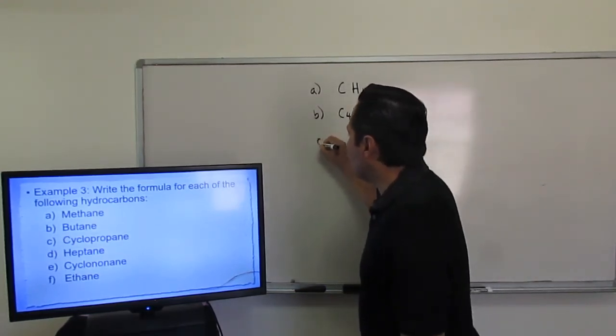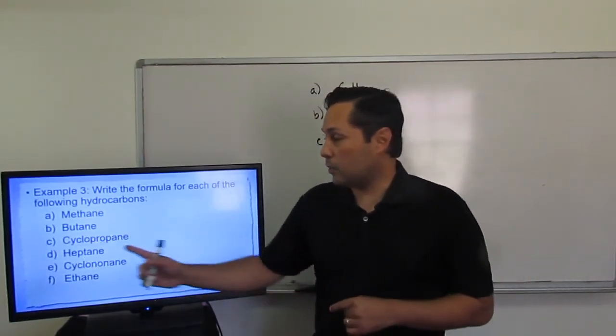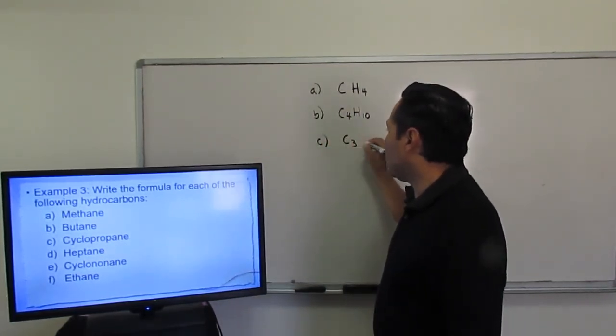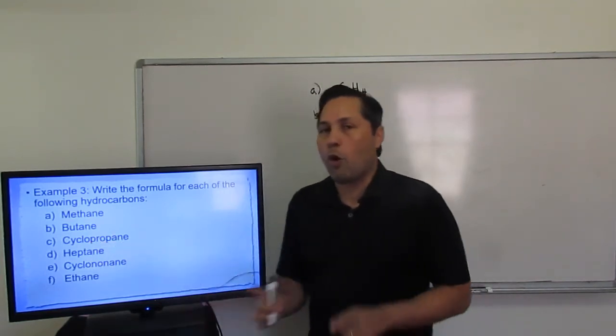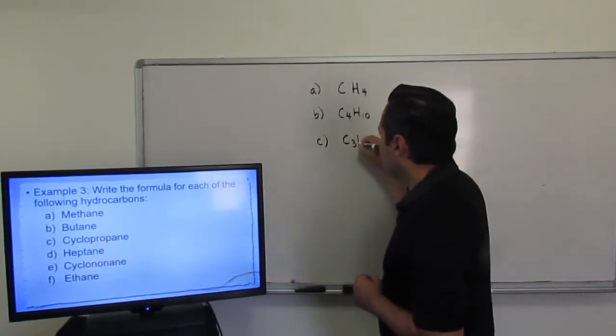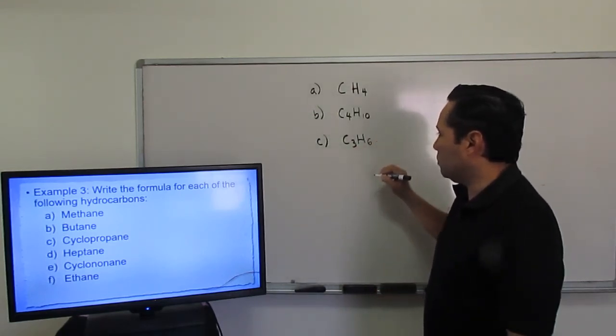Letter C, cyclo. Oh, this was a cyclo. Cyclopropane. Prop means 3, so there are 3 carbons there. Now how many hydrogens? Because it said cyclo, all we have to do is double the carbons. So with 3 carbons, the hydrogens will be just double, 6.